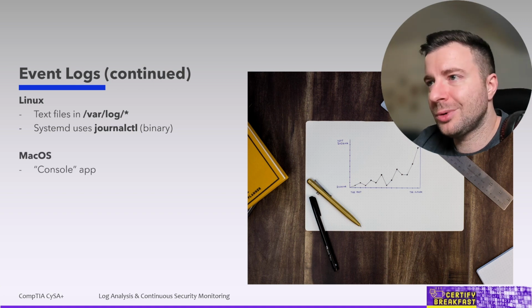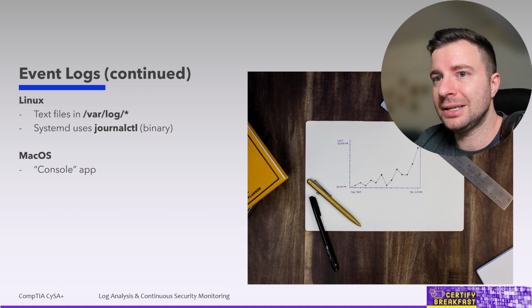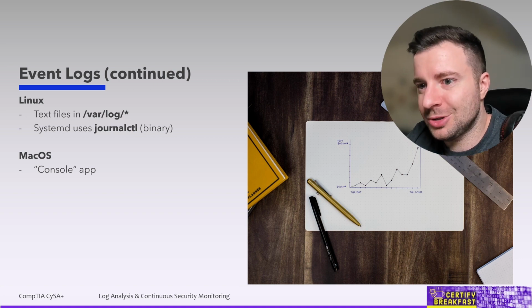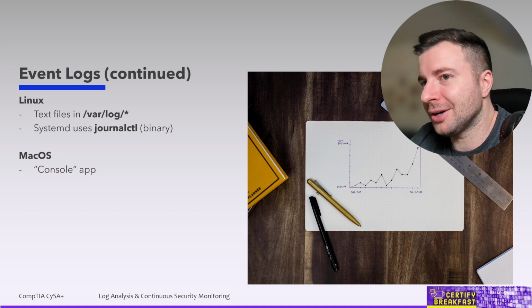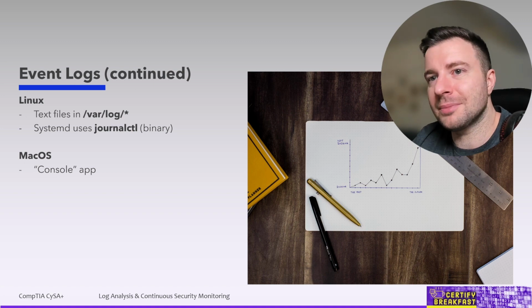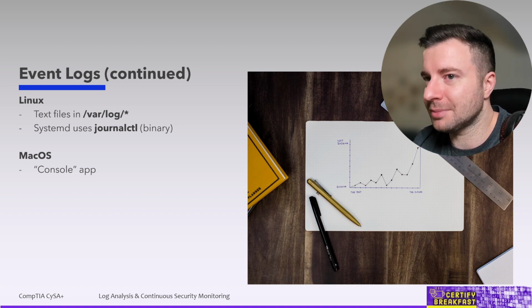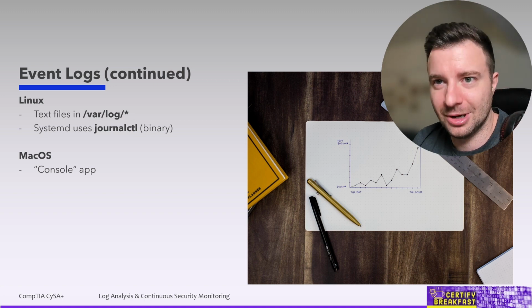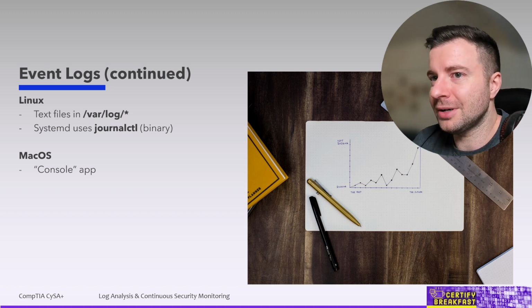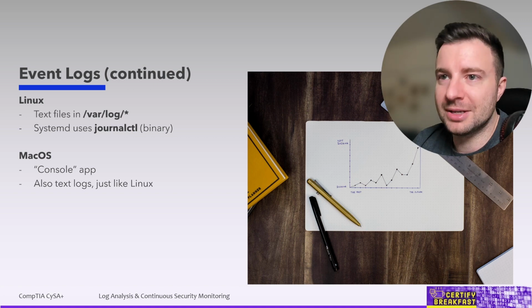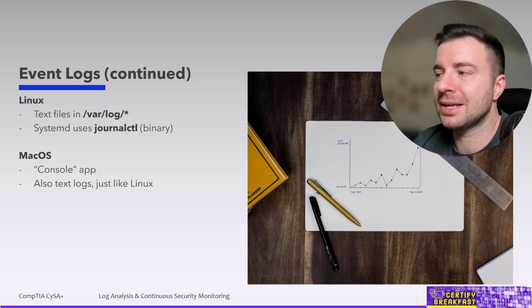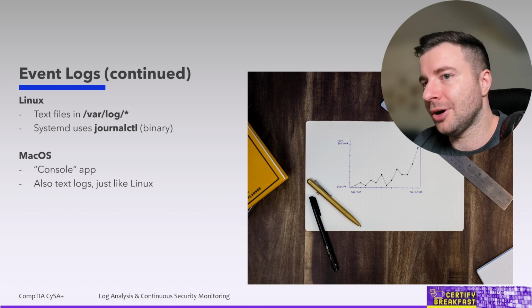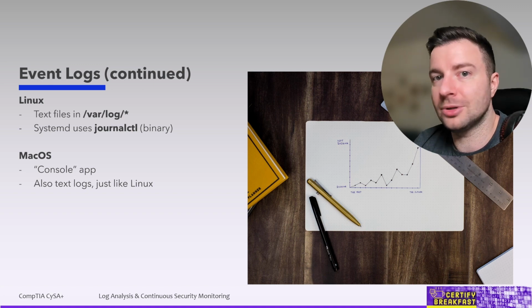On macOS, we have the somewhat awkwardly named Console app, which is just an interface to view the logs. Now, in most operating systems, the console means something completely different. In macOS, it's just the interface to view the system logs. This changes quite often, and there's no consistent formatting over there on macOS. Most of them are just text logs, so they're very similar to Linux ones.